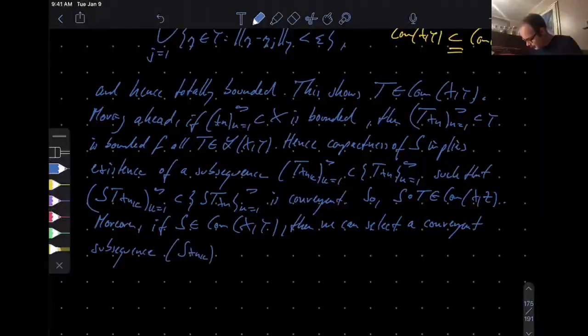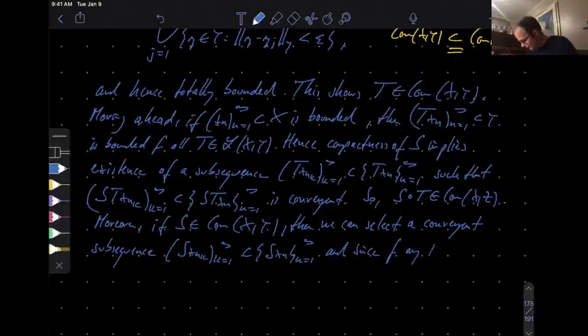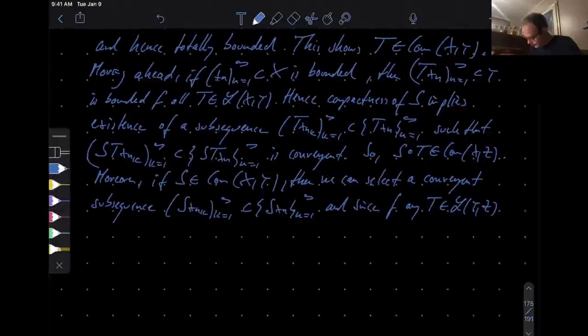S x_{n_k}, k from 1 to infinity. So remember, x_n is an arbitrary bounded sequence. And since for any T from L(Y,Z), we have the following estimate: T S x_{n_k} minus T S x_{n_m}.